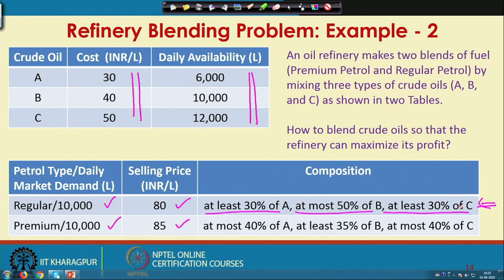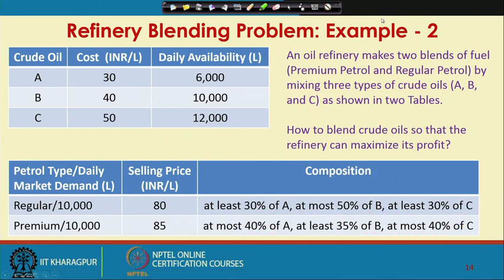You have to take care of the language here, at least 30% of A, that means it is greater or equal to 30%, at most 50% of B, meaning less or equal to 50% of B. Similarly, the constant composition on premium petrol is at most 40% of A, that means less or equal to 40% of A, at least 35% of B, meaning greater or equal to 35% of B and at most 40% of C, that means less or equal to 40% of C. So, these are composition constants.